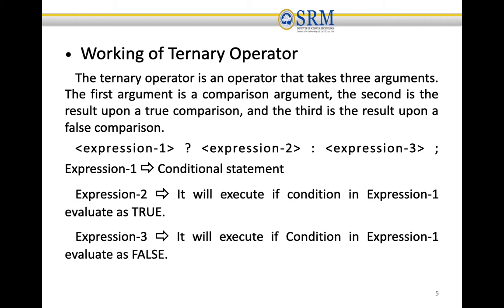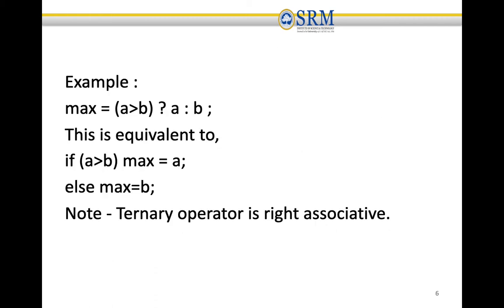The first expression is nothing but the conditional statement. If the condition is true, expression 1 is executed. If the condition is false, then expression 2 is executed. We'll see with an example. Here max is a variable, and we are trying to store some value in this variable. a greater than b is the condition.